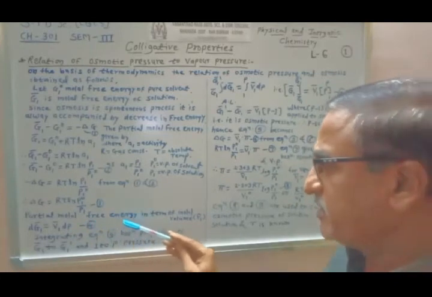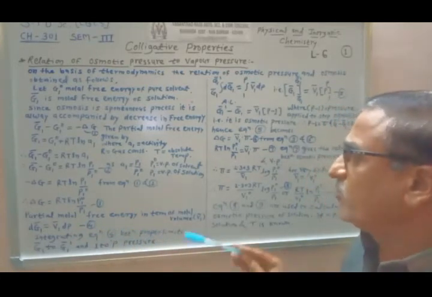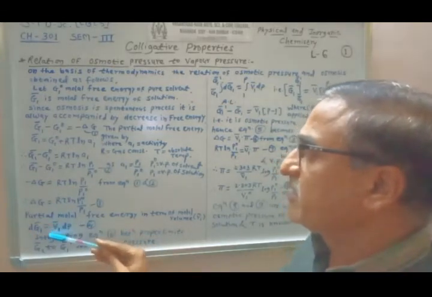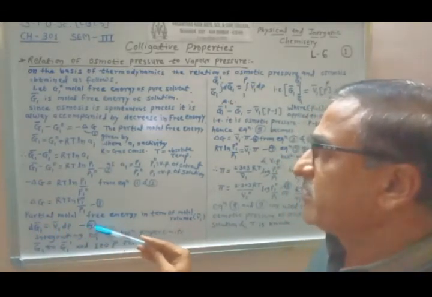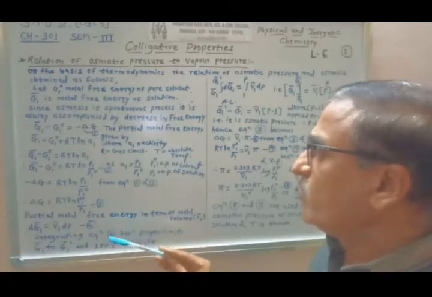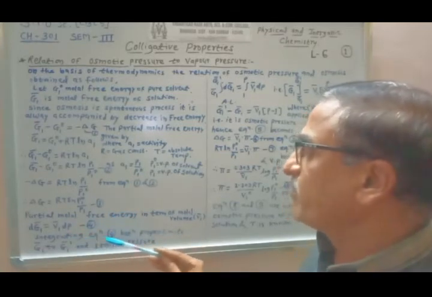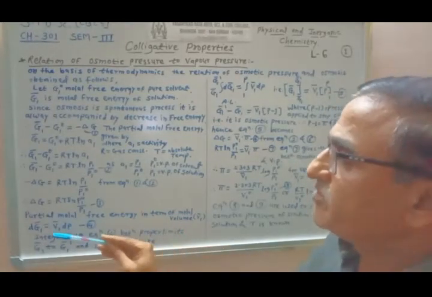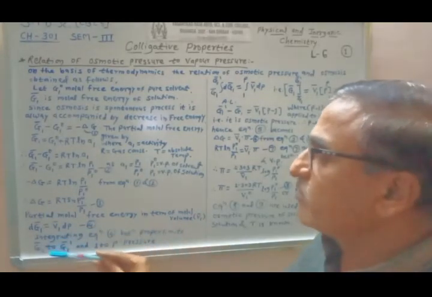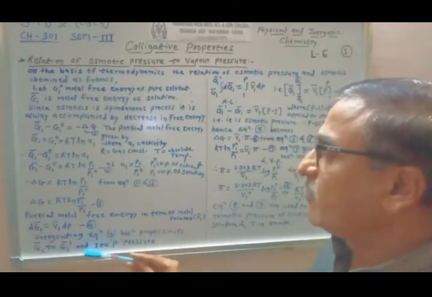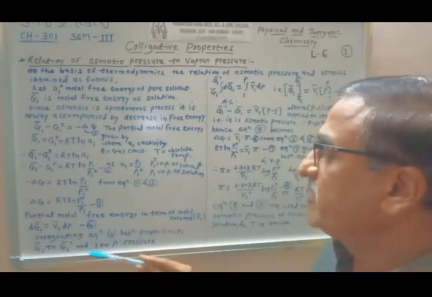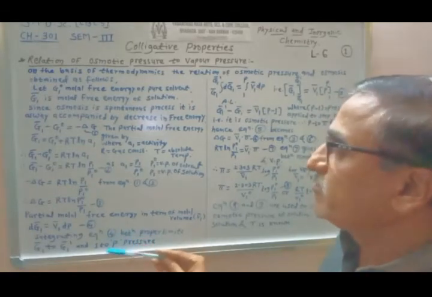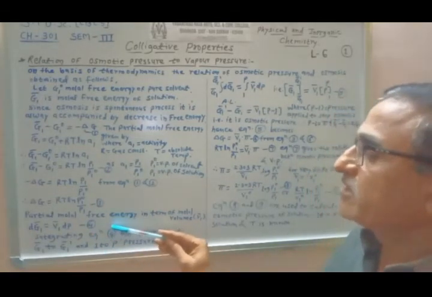Partial molar free energy in terms of molar volume V1 bar can be given as delta G1 bar is equal to V1 bar dP. Call it equation number 4. Now integrating equation number 4 between proper limits: for G1 bar, from G1 bar to G1 bar dash, and for pressure, from 1 to P. So in this way we integrate equation number 4.